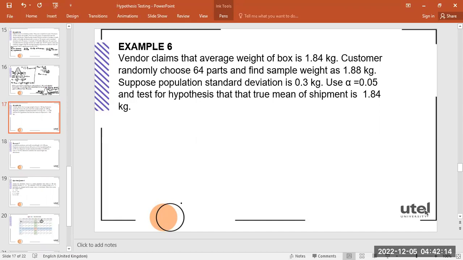Suppose the population standard deviation is 0.3 kg, and we're asked to use an alpha value, that's level of significance, of 0.05, and test the hypothesis that the true mean of the shipment is 1.84 kg. Now, as usual, we collect our data.